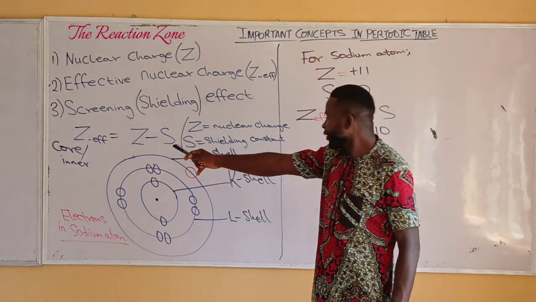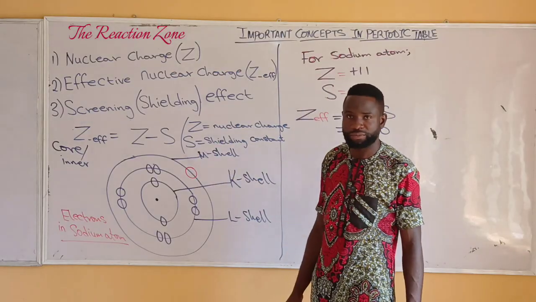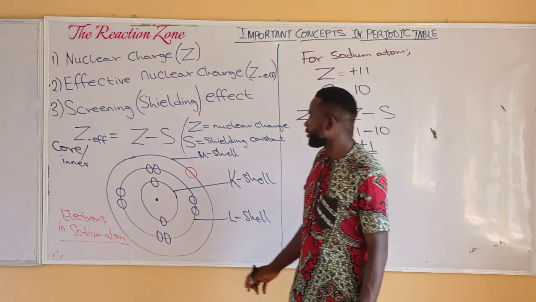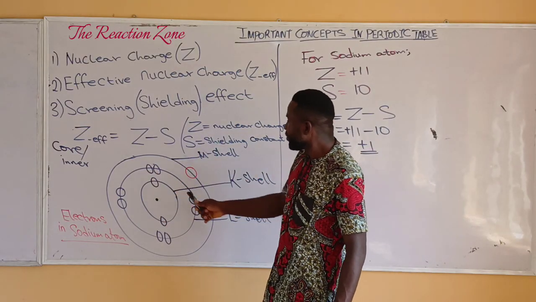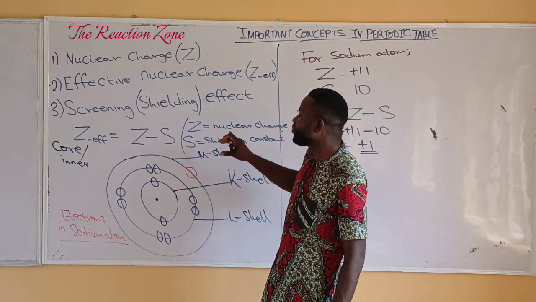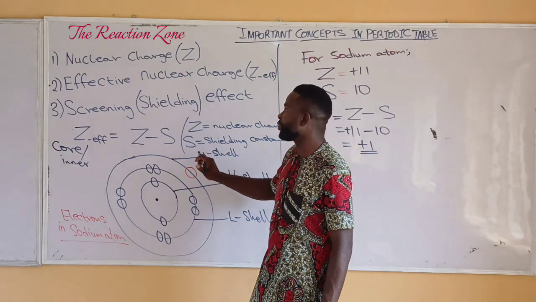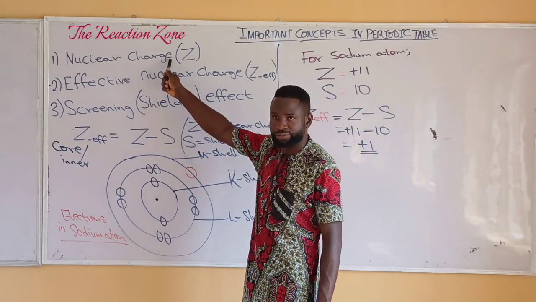The inner electrons repel the outer electrons, and by so doing, they shield the outer electrons from experiencing the full magnitude of the nuclear charge.